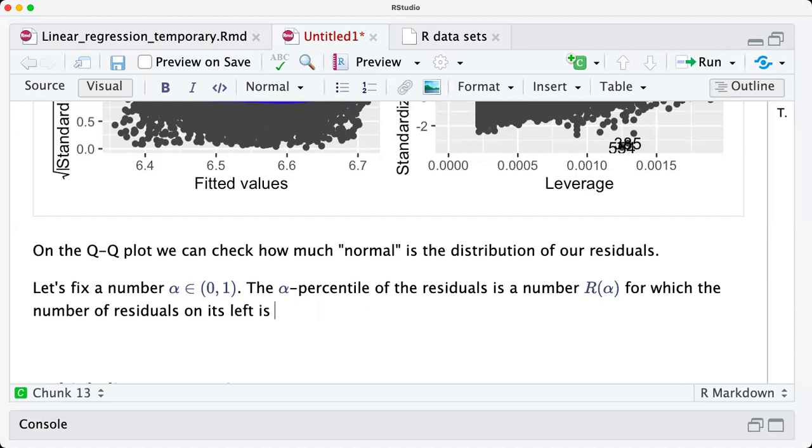Like one half is the median, because the median is a point where you have half of the data on the left and half of the data on the right. An alpha percentile is the same as the median, but done with an arbitrary number alpha.